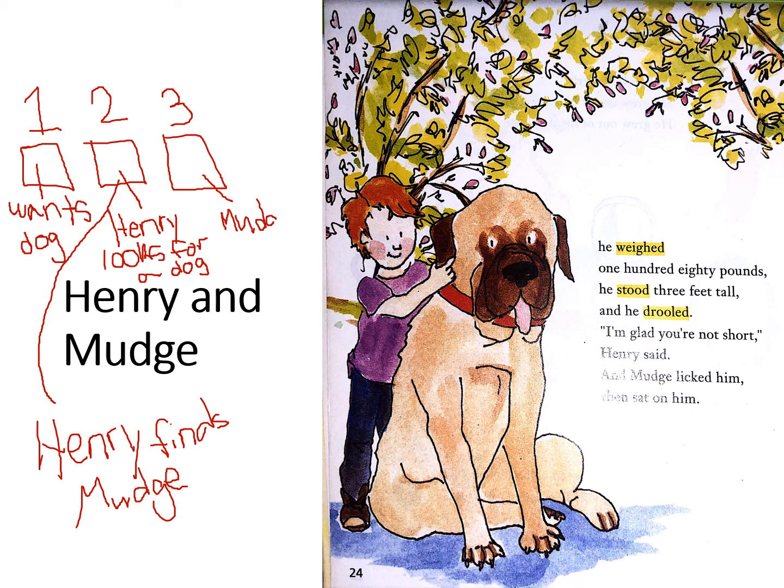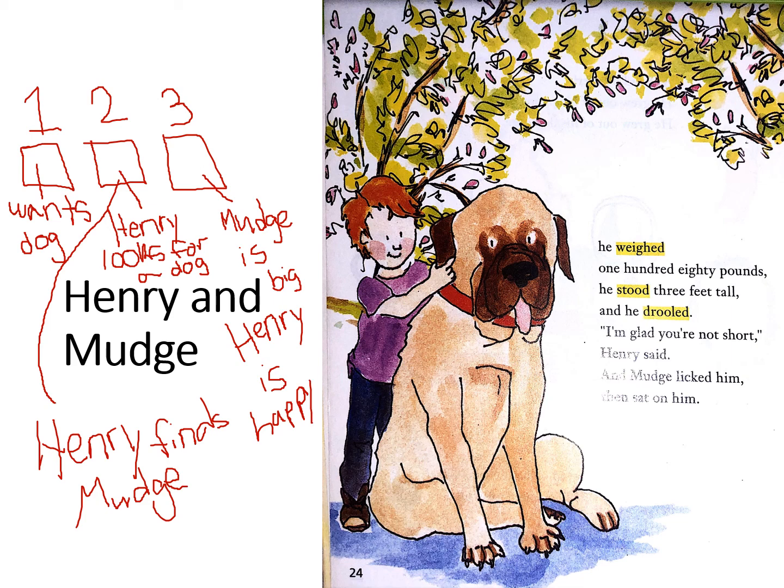So Mudge is big, and let's write that Henry is happy. He's happy. He finally has some company. Henry is happy.